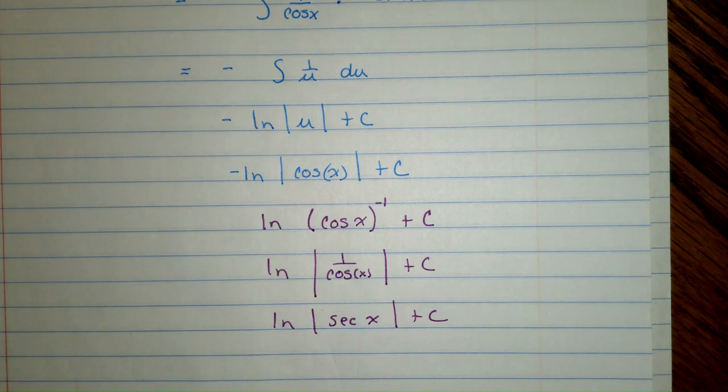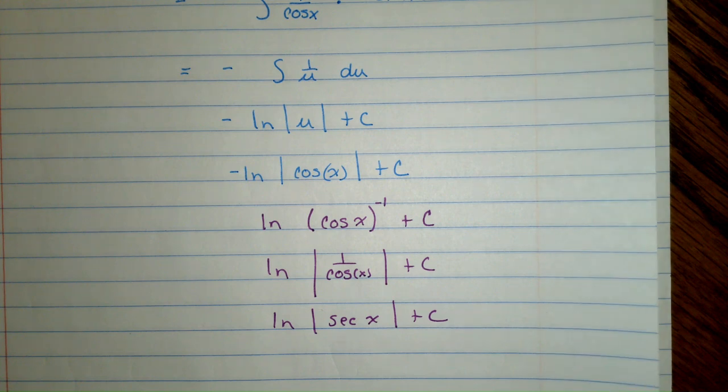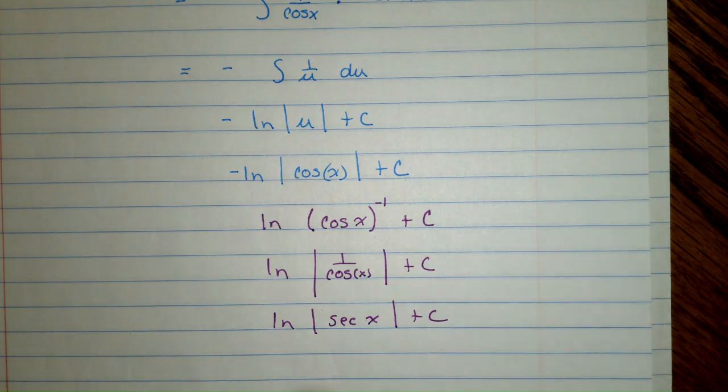So that's another reason why you might see that tangent integrates to the natural log of secant. So something to keep in mind, that we can rewrite these things with natural log in multiple ways due to how natural log expands.